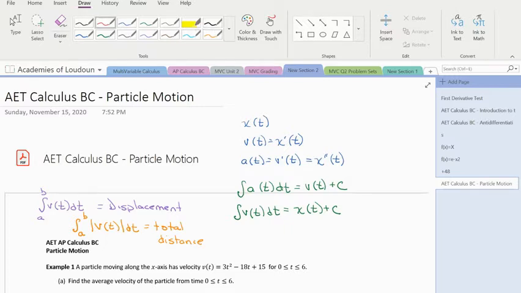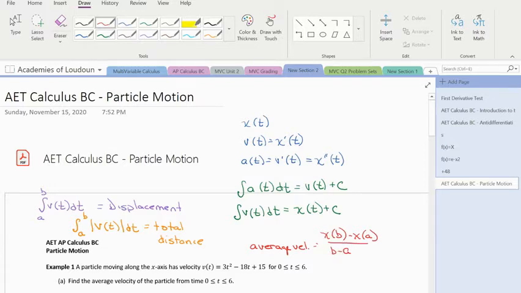The last equation that we need to think about is the average velocity. Now, we've talked about average velocity as the change in position, x of b minus x of a over b minus a.